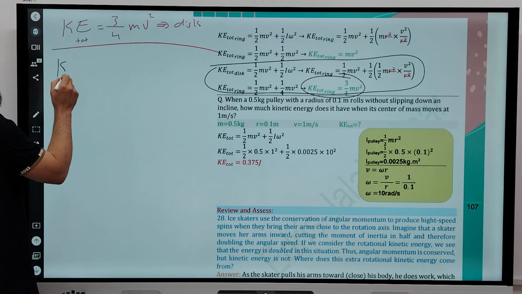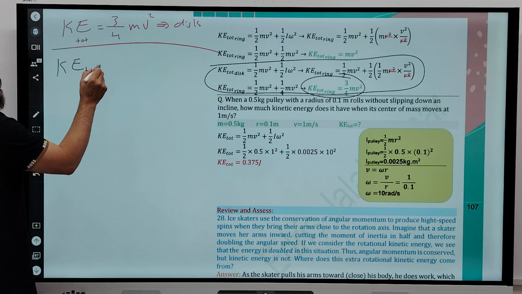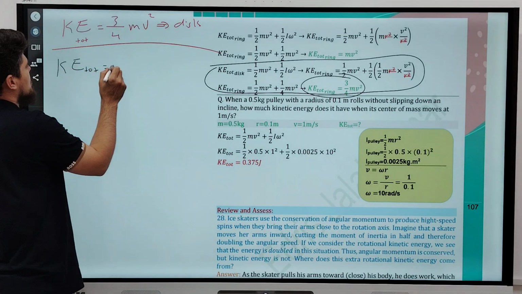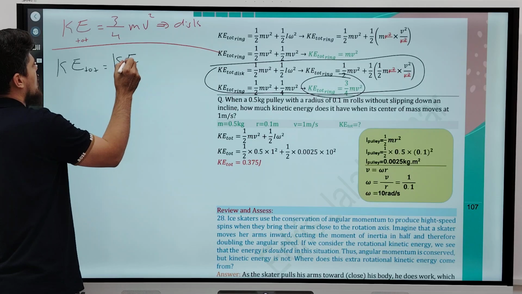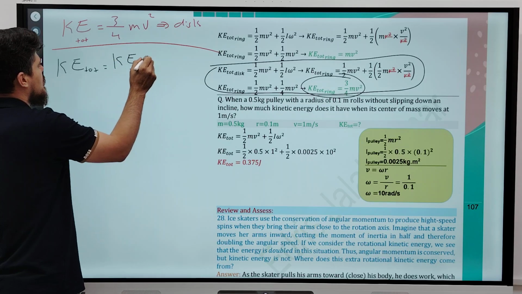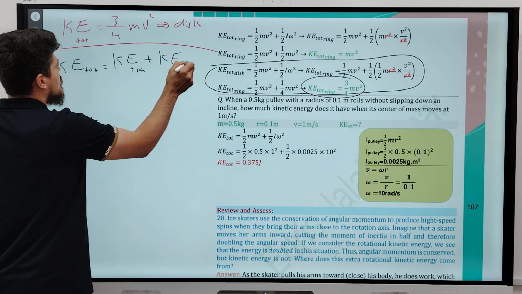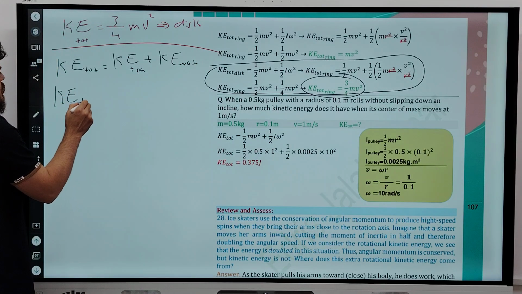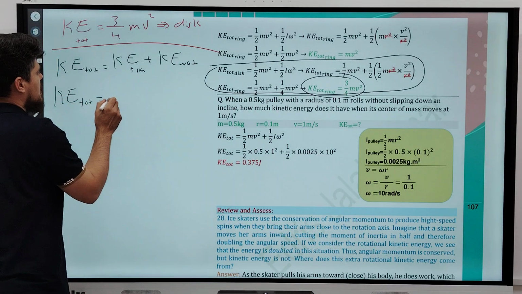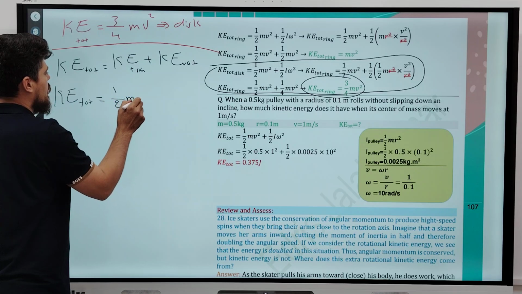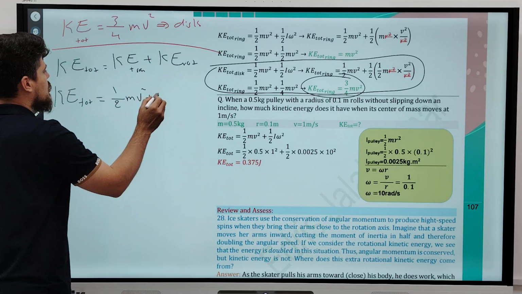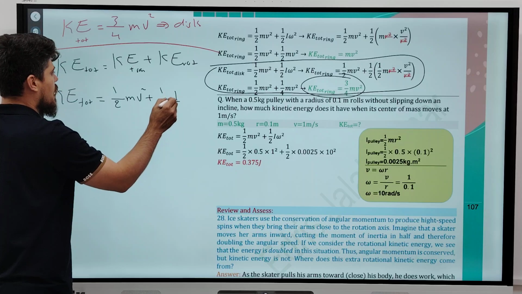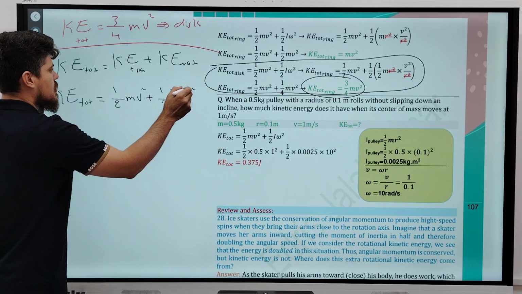Total kinetic energy, as you learned, is equal to the sum of translational kinetic energy and rotational kinetic energy. Translational kinetic energy is equal to 1 over 2 mv squared. What about rotation? 1 over 2 I omega squared.